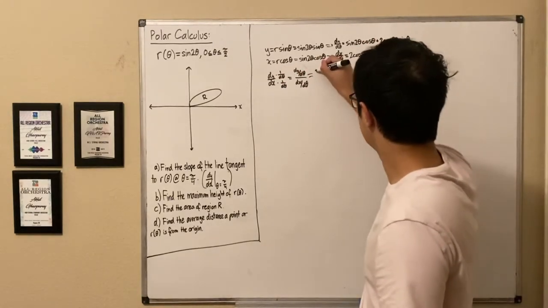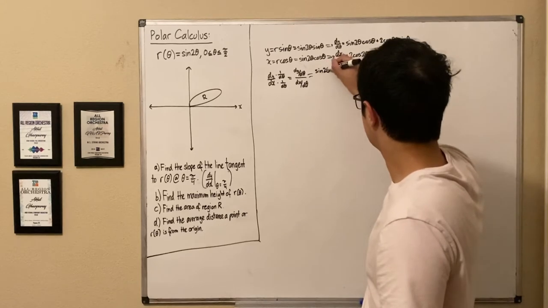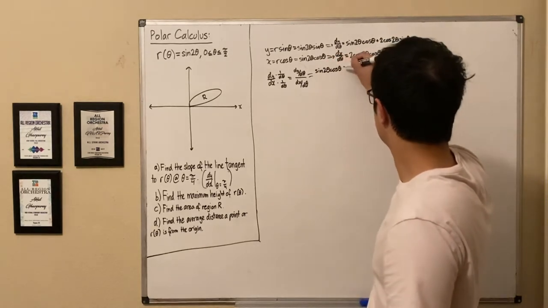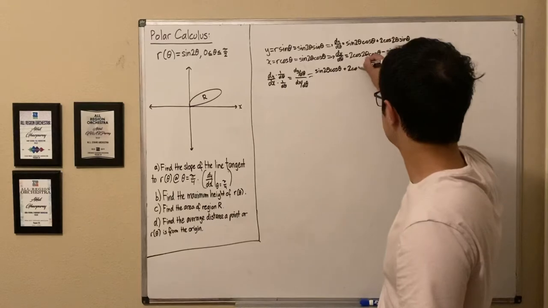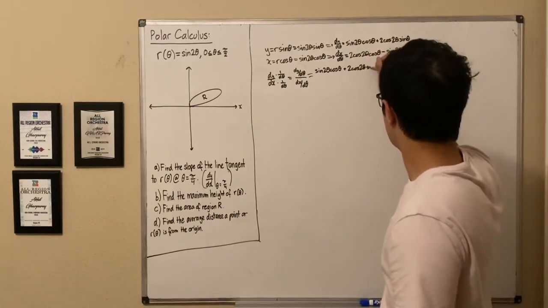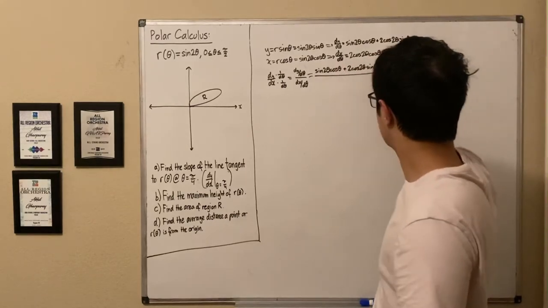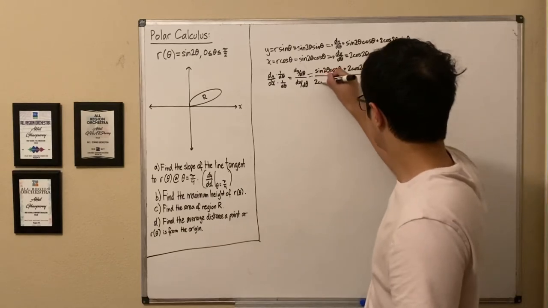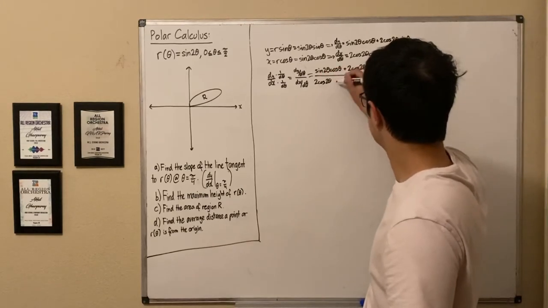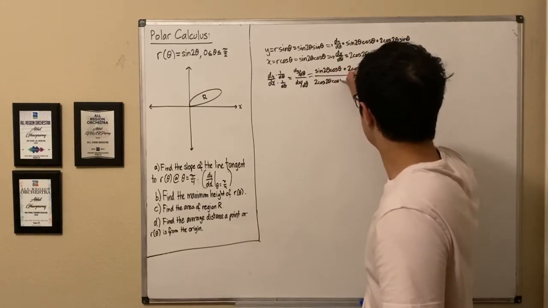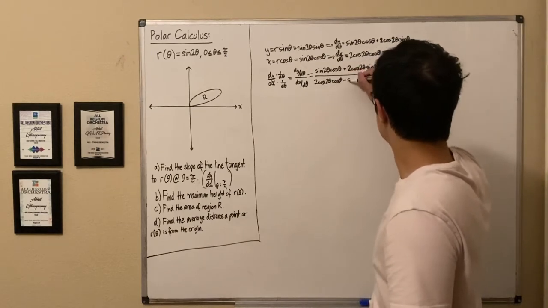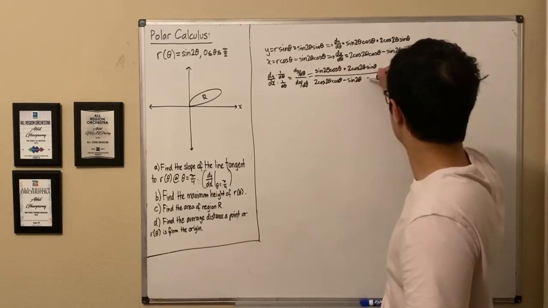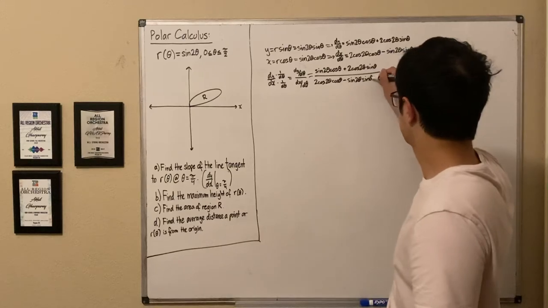This gives us sine 2 theta cosine theta plus 2 cosine 2 theta sine theta, over 2 cosine 2 theta cosine theta minus sine 2 theta sine theta.